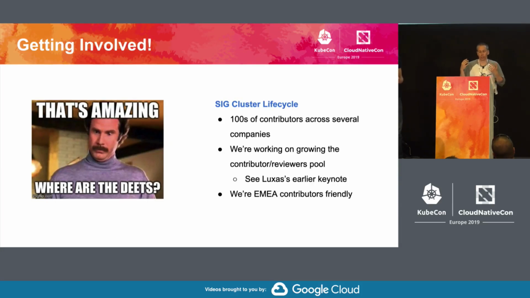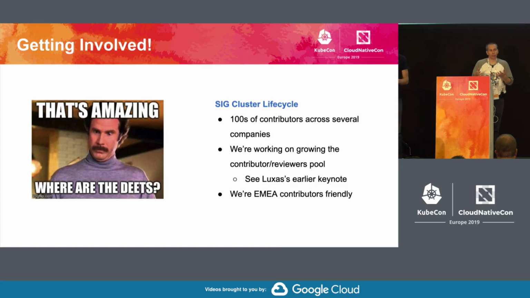Well, currently there are hundreds of contributors across several companies, as you mentioned earlier. And we're working on growing our contributor and reviewer pool. Every single cycle in SIG Cluster Lifecycle, we try to do a good job of promoting the people who have chopped the wood and carried the water. You earn your stripes by doing the hard work.